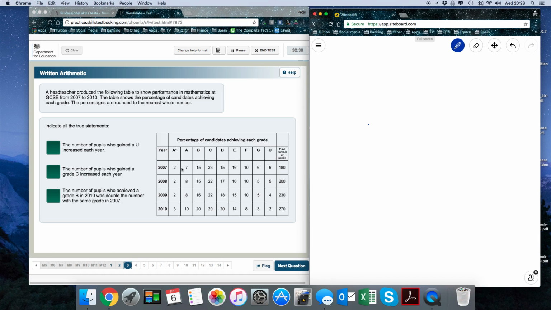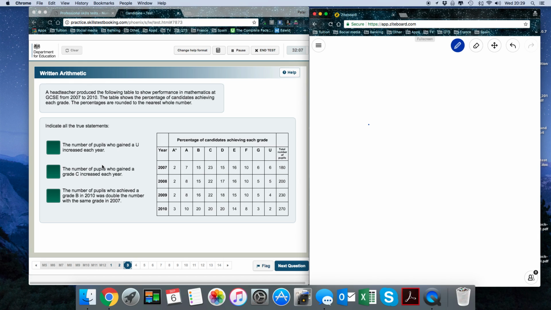But these numbers across here, it should be fairly obvious to you that those numbers are not going to add up to 180. It's too small. The reason is because they're percentages, and it tells you that up here. It says percentage, so really these numbers should add up to 100. So it's a percentage question.